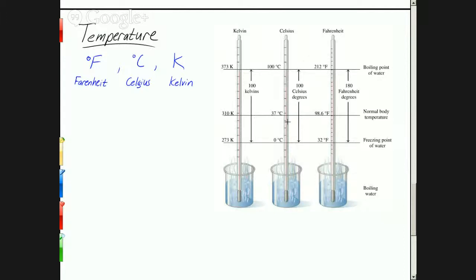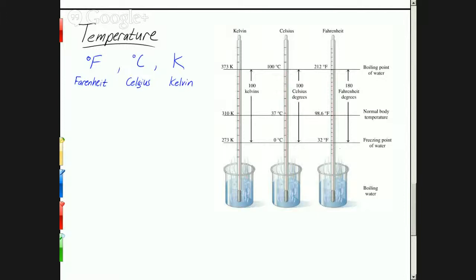So these two have 100 degrees separating the boiling point and melting point of water, whereas Fahrenheit has 180 degrees. So what's bigger, a Celsius degree or a Fahrenheit degree? Careful. Yes, each Celsius degree is bigger because there's fewer of them between the 2 points. So a Fahrenheit degree is a smaller degree.